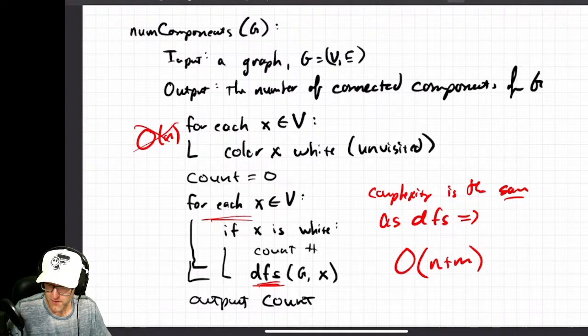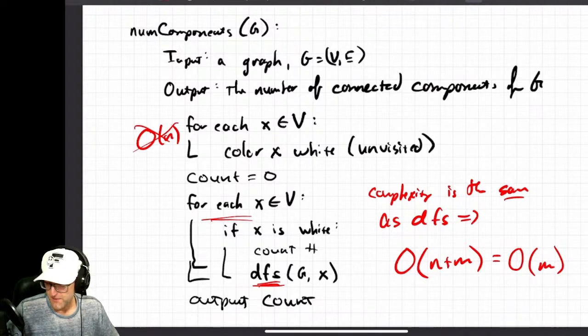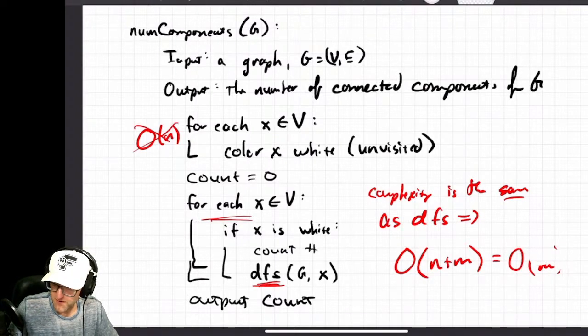That's the number of vertices plus the number of edges, and then you can, of course, bound that by saying that it's order m, because if it's a disconnected graph, m could be less than n, but either way, you can leave it like this. Right?